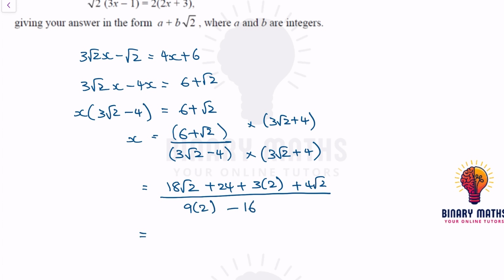Okay, if I collect the like terms, I get 22 root 2 plus 24 plus 6 gives me 30 all over 18 take away 16, which is 2. If I simplify that, I get 11 root 2 plus 15. Therefore, A must be equal to 15 and B must be equal to 11.